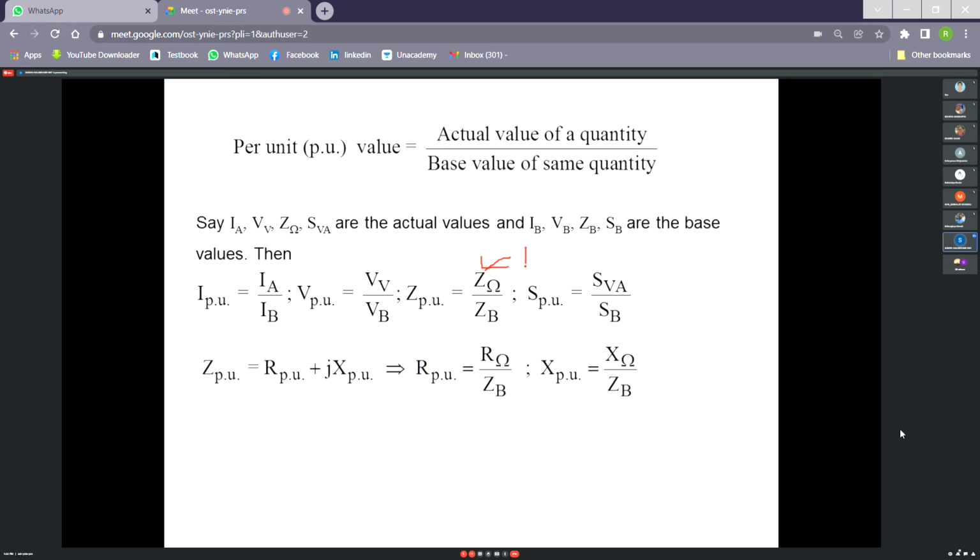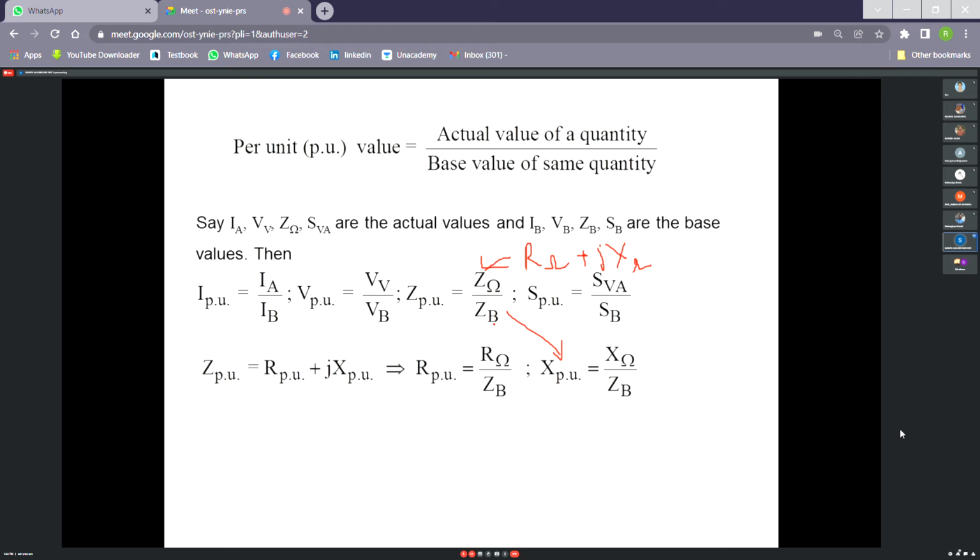So this is actually R ohm by ZB plus jX ohm by ZB, right? I have written this in short here because I hope you can understand. So R per unit will be the R actual value by base impedance, and X per unit the X actual value by base impedance. We cannot use XB here, because if we do, these two relations we cannot match.